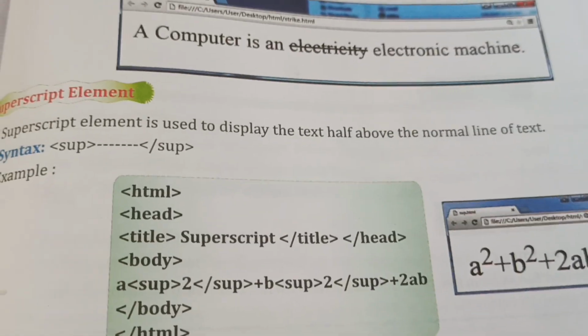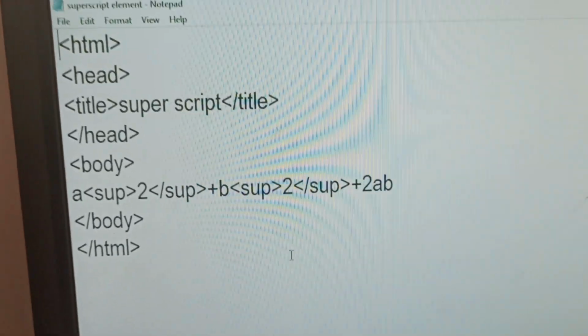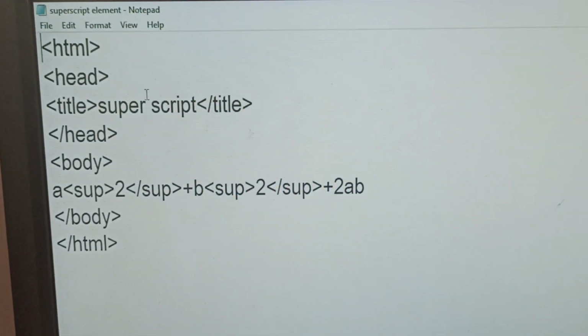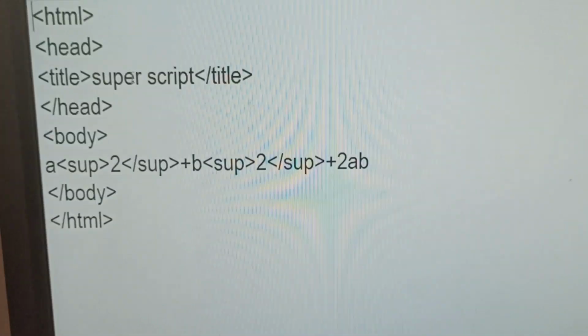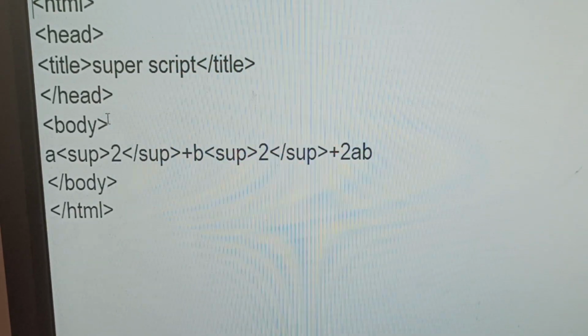Now practically. See here: HTML, head, title, superscript, heading closing tag, body.